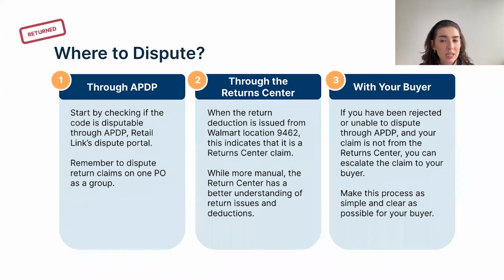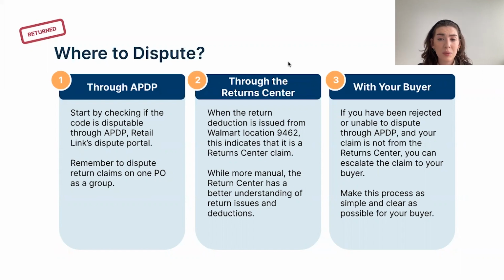If you've been rejected through APDP or unable to dispute, and your claim is not from the return center, you can escalate this claim to your buyer. You can dispute up to, I believe, 13 months back, or that's OTIF rather. You can dispute 2 years back for AP deductions. You also have about 3 tries to dispute it, is kind of what we've seen with suppliers.